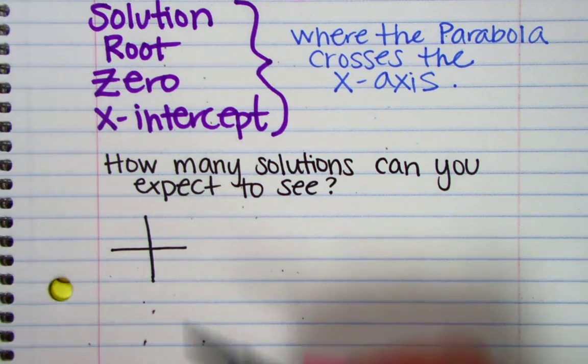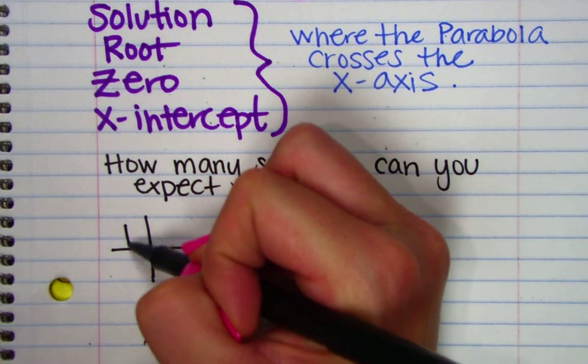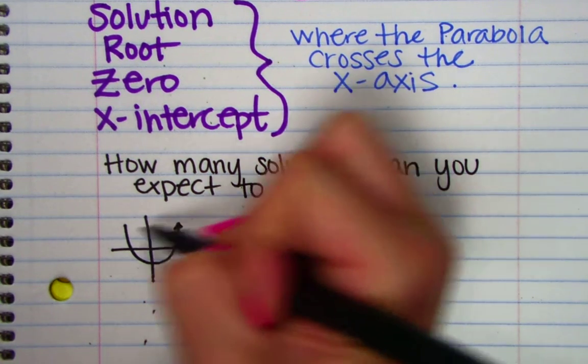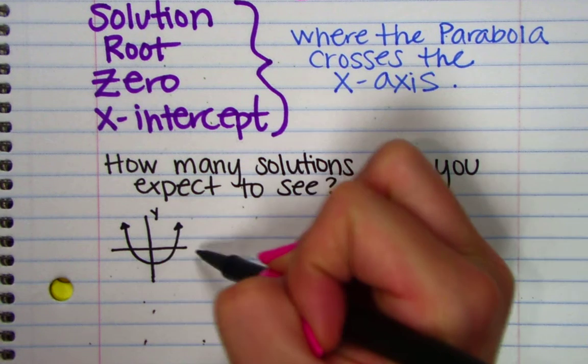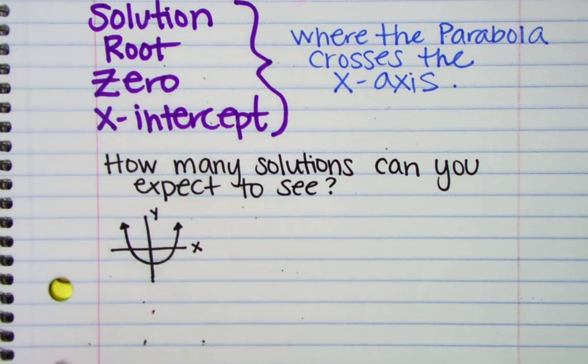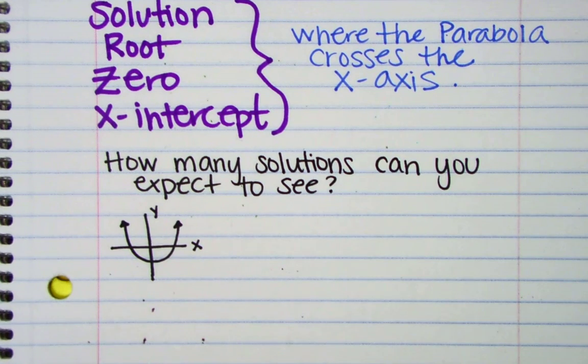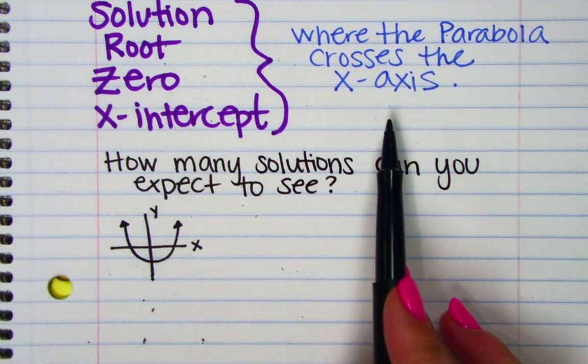It doesn't have to be perfect. But if I have one like this, there's a parabola. This is the y-axis. This is the x-axis. How many solutions does this graph have? Right. 2, right? We're talking about where does it cross the x-axis, or how many times.